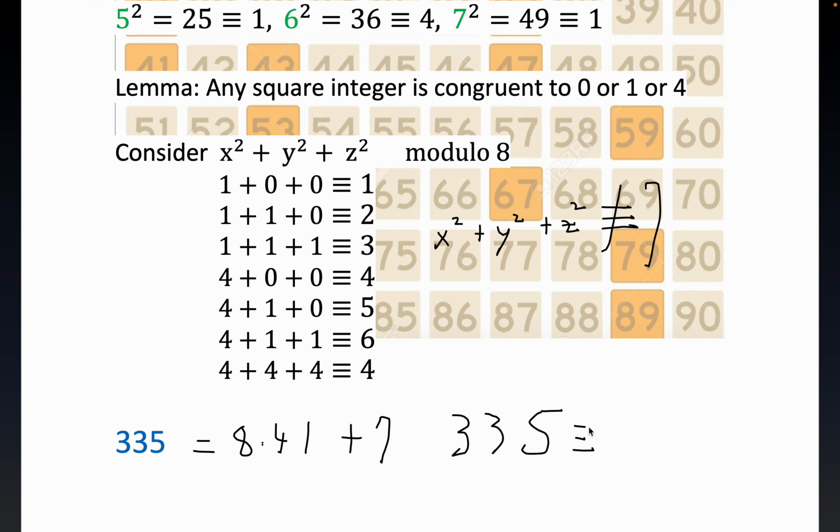It leaves a remainder of 7. What does that mean? It means this cannot be written. I'll just write up here: not possible for it to sum to 3 squares, even allowing for 0 and 1.